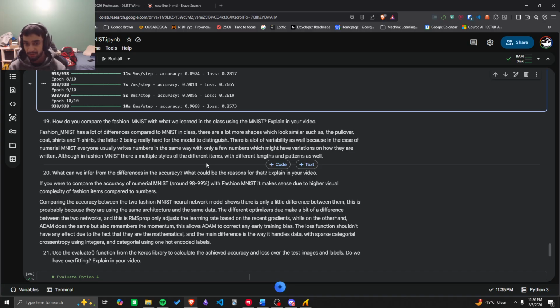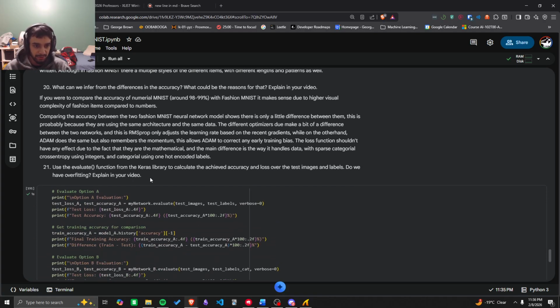In Fashion MNIST, you could have thousands of differences just between one hoodie and the next hoodie. From that, we can infer that the accuracy is going to be off, and the model's going to predict numerical MNIST with a much higher chance compared to Fashion MNIST because of the complexity of the fashion items.